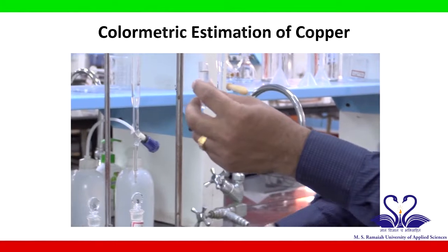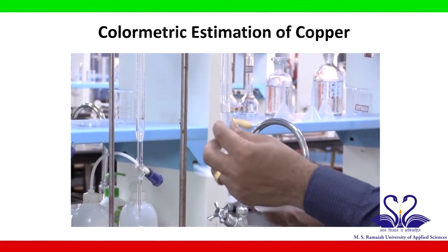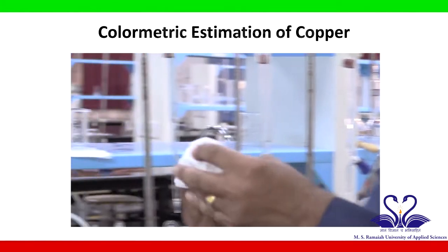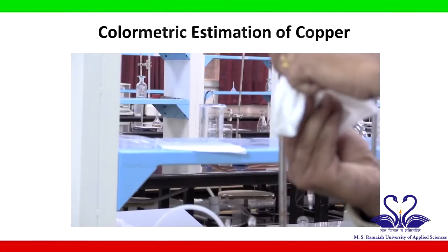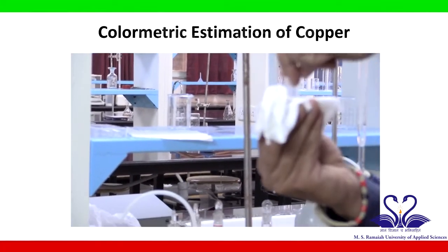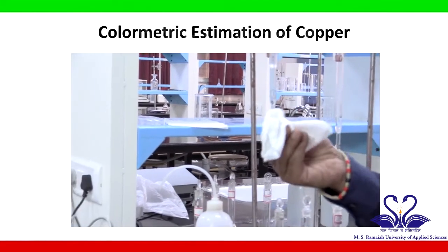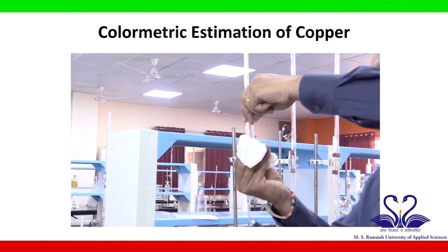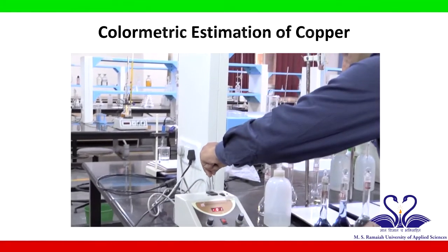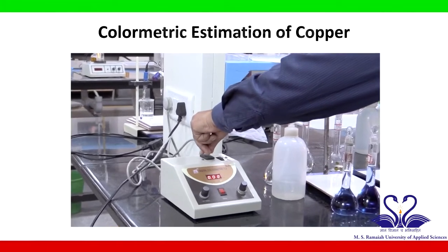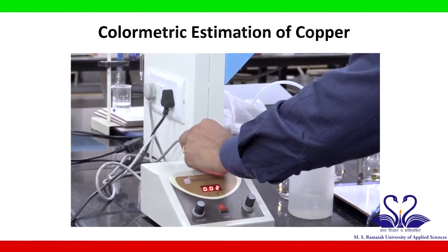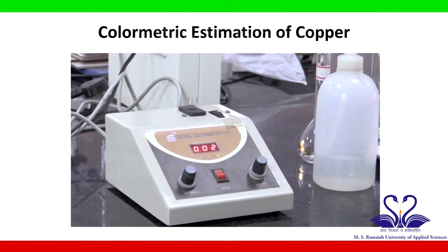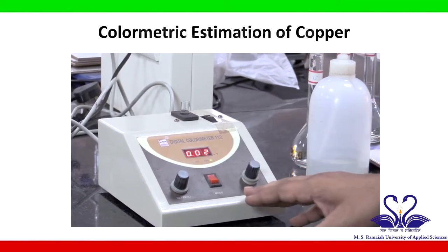So, I am going to use first the blank solution to set the instrument to 0. You have to wipe it. See that there are no fingerprints. So, it should be clear. Now, I have to set the instrument to 0.